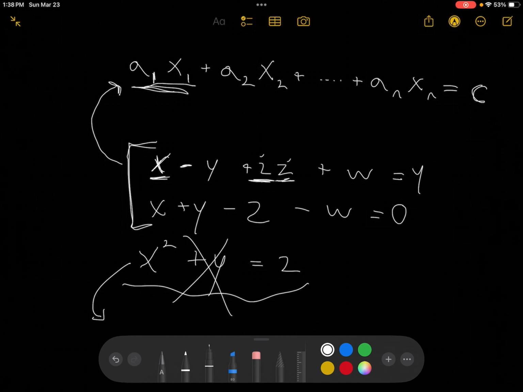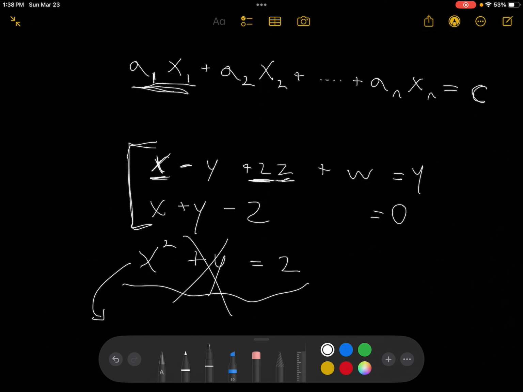Now these two equations both use the same variables, so we can put them together and create a system of linear equations. Now you may be wondering, what if our second equation instead looked like this?